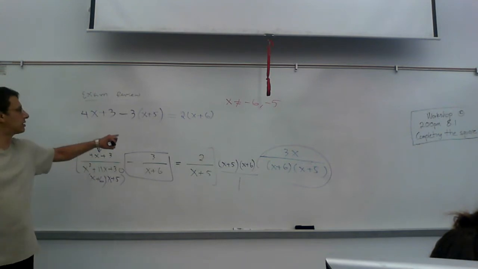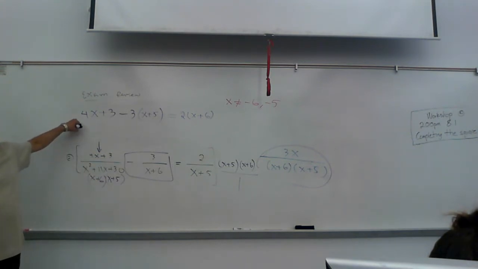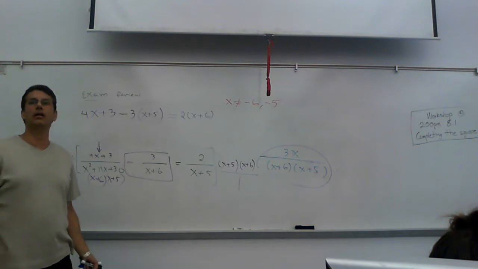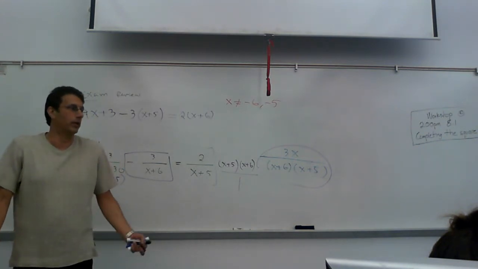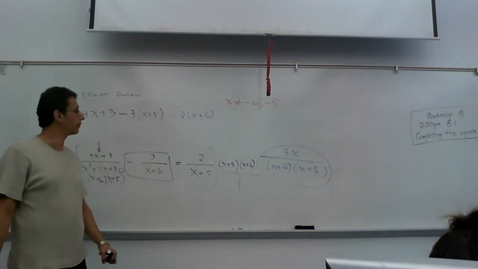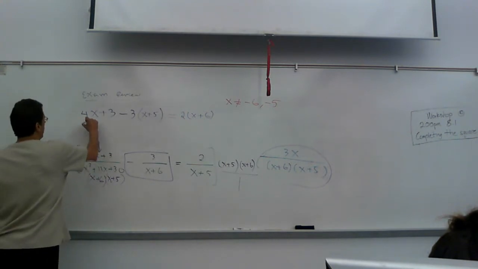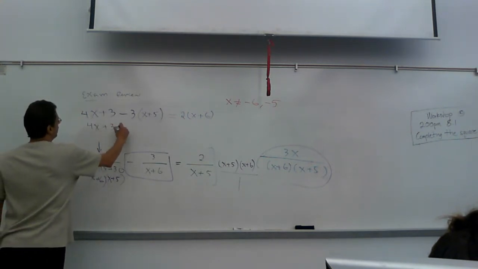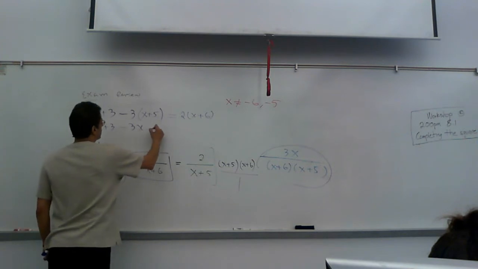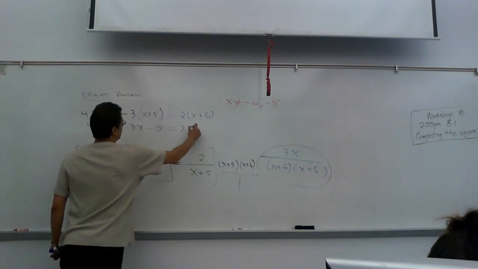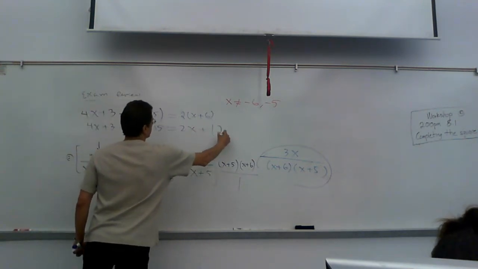But this is as hard as it becomes, this step, getting rid of all the denominators, and then it becomes a simple case of a linear equation, maybe a quadratic equation, something fairly simple. In this case, you have 4x plus 3 minus 3x minus 15 equals 2x plus 12.